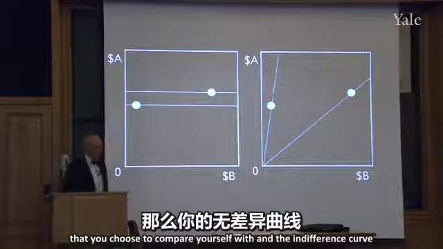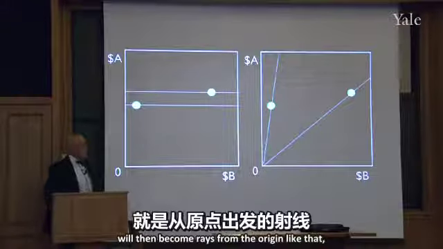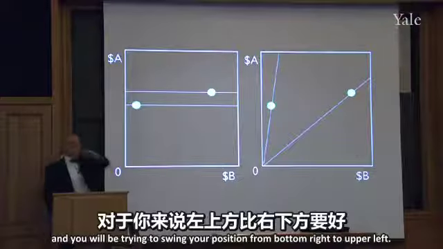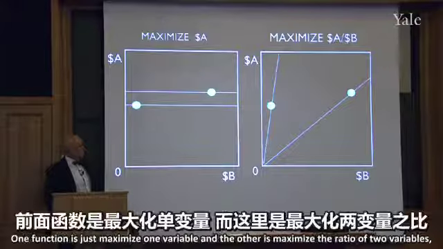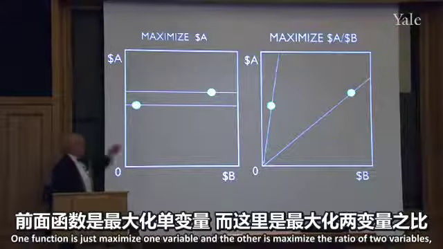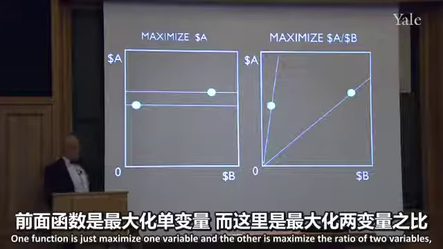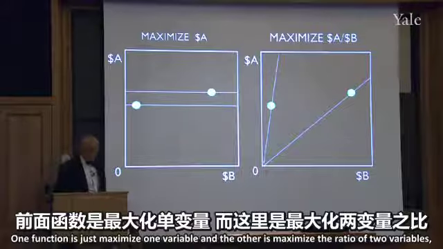And the indifference curves will then become raised from the origin, like that. And you will be trying to swing your position from bottom right to upper left. So one function is just maximize one variable, and the other is maximize the ratio of two variables.